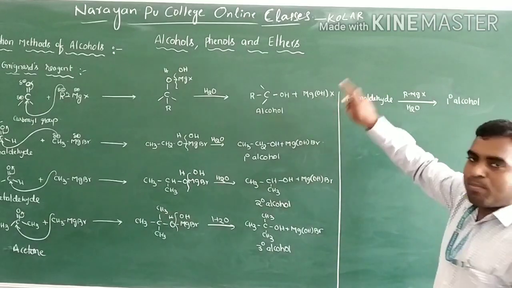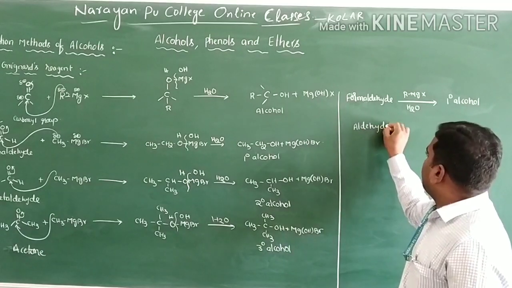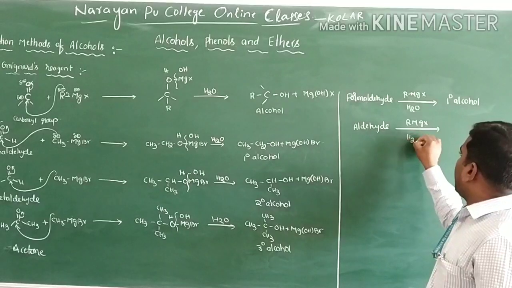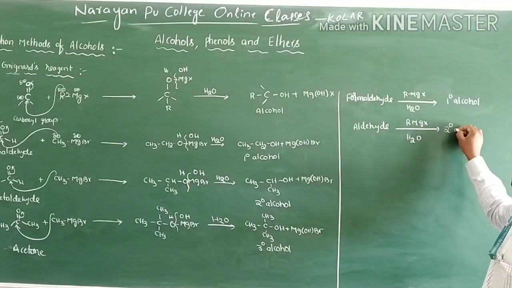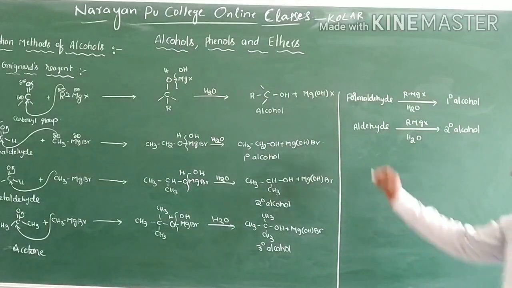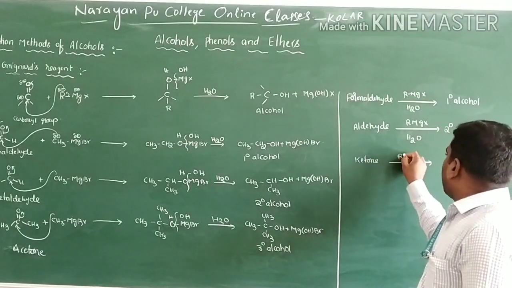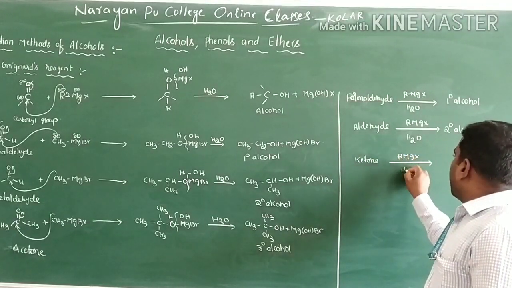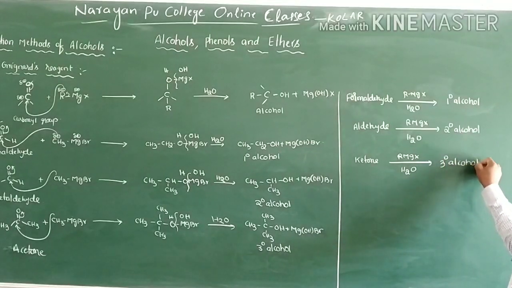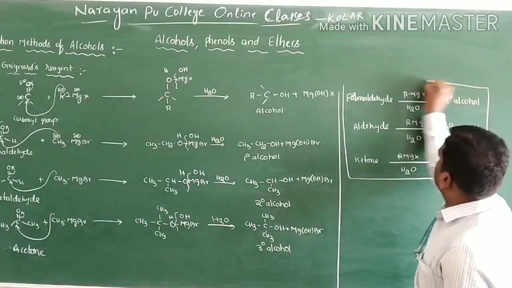And other than formaldehyde, take any aldehyde with the Grignard reagent RMgX followed by H2O, you will always get a secondary alcohol. And if you take ketones, when ketones react with the Grignard reagent followed by H2O, you will always get tertiary alcohols as a product. This is very important for competitive examinations.